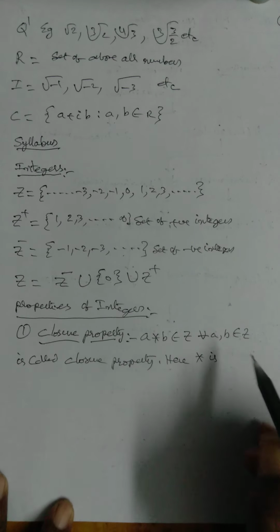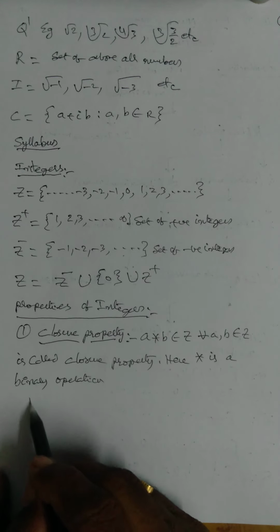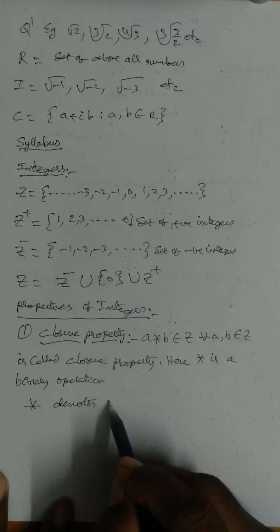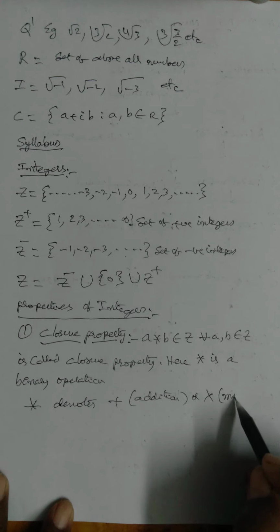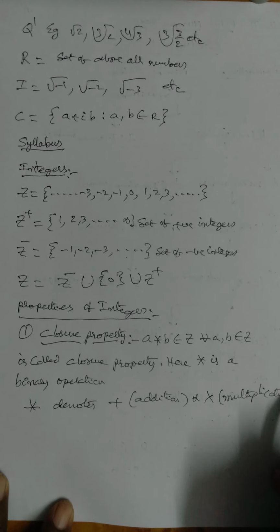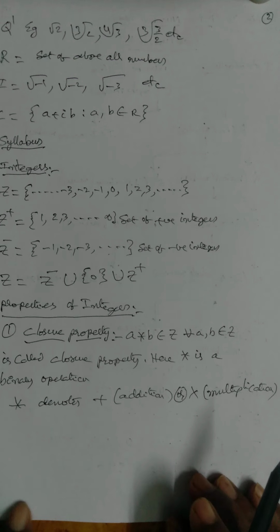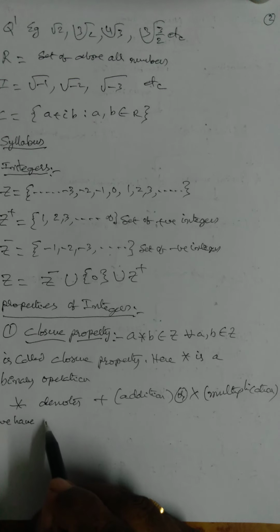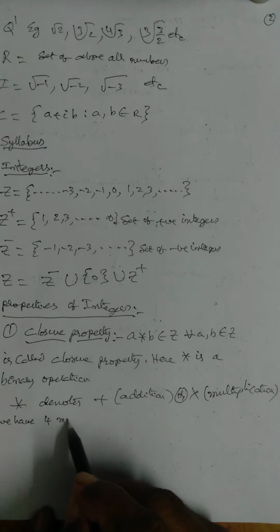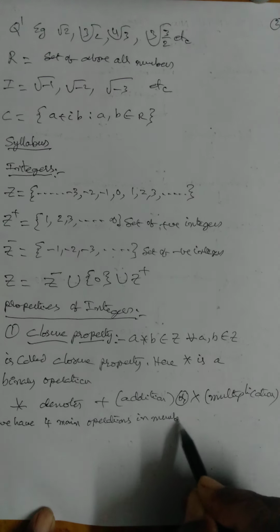Here star is a binary operation. Star denotes plus, addition, or into, multiplication. We have 4 main operations in numbers.